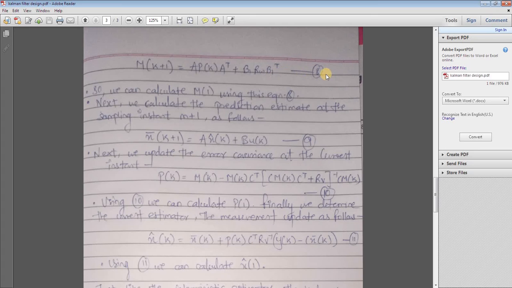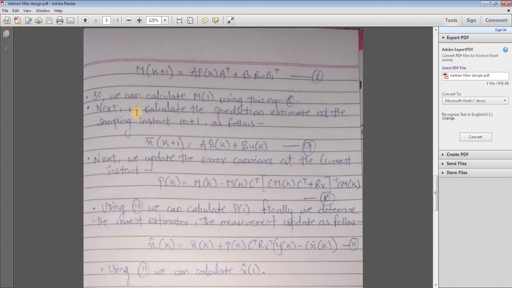This is equation number 8. Now we can calculate M of 1 using equation number 8 when k is 1.